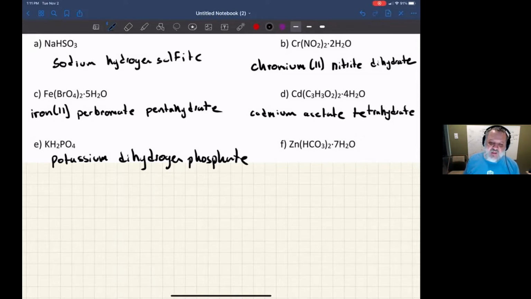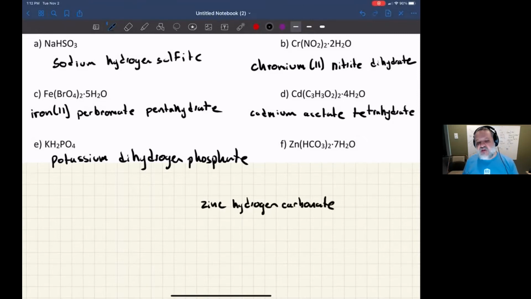Okay, so the last one puts everything together. It's got an acid anion, and it's got zinc in it, and it's got some water in it. The zinc is a transition metal, but it's one of the exceptions. We know that it always forms a +2, so we don't need Roman numerals for it. So it would be zinc, and it's with the acid anion from carbonate, and so it's hydrogen carbonate.